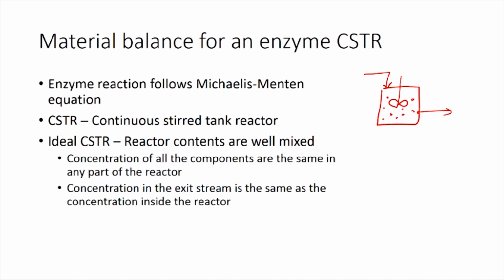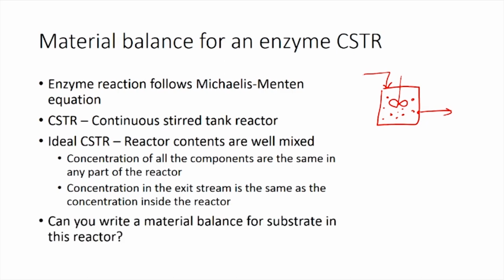So the concentration in the exit stream will also be the same as the concentration inside the reactor. However, the concentration in your inlet can be different. As soon as it enters the reactor, it will get well mixed and you will have a uniform concentration inside the reactor. So, this is what an ideal CSTR represents.